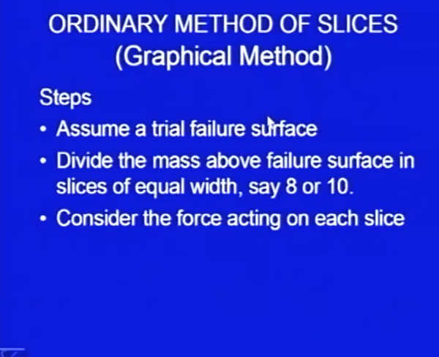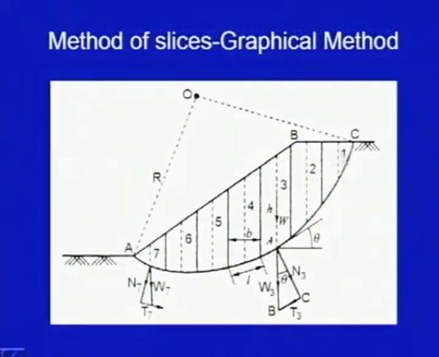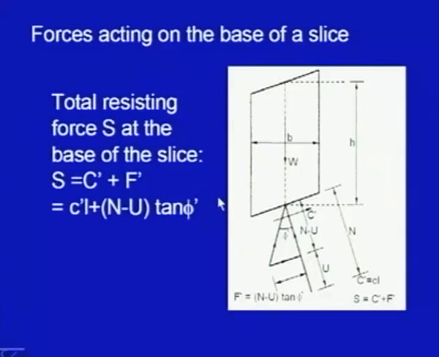Then we also discussed how we could solve this problem using a graphical method. The basic procedure is the same. A trial surface is assumed. This is the trial surface. Then for each slice we find the forces graphically, and this is the slice shown here.